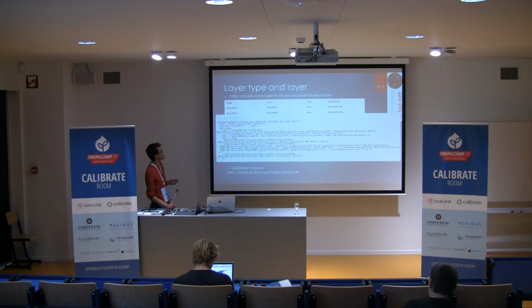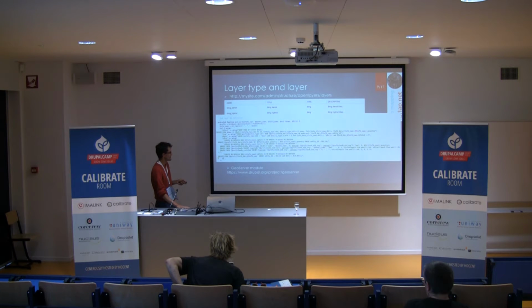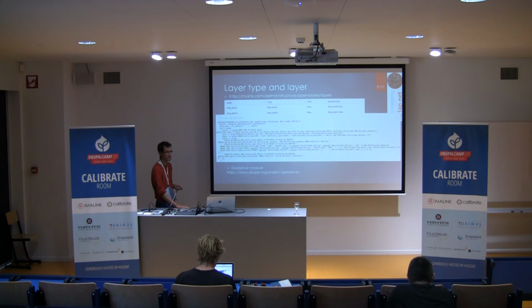So that's how you can define your own layers by code, just by customizing this query. This code is available in the GeoServer module, and the GeoServer module is also part of the Cartaro profile.